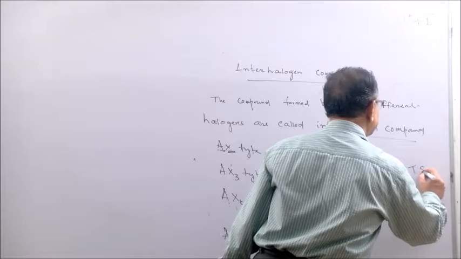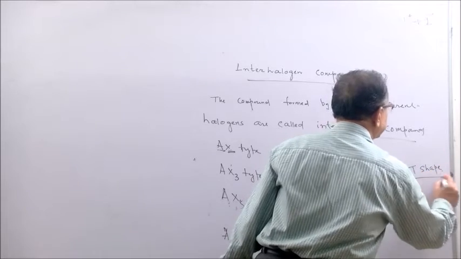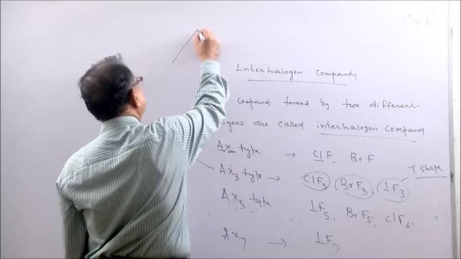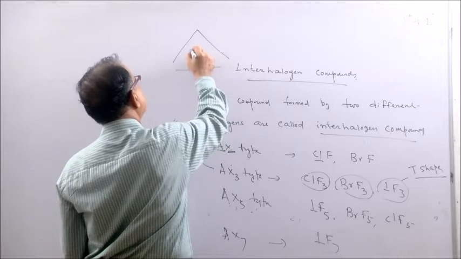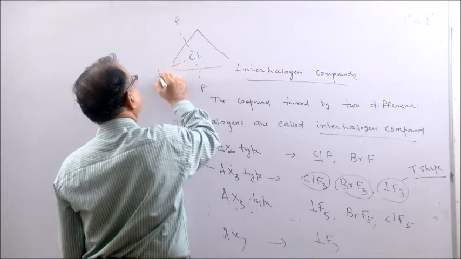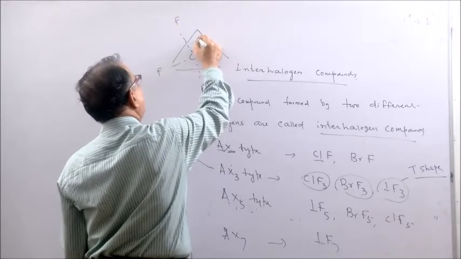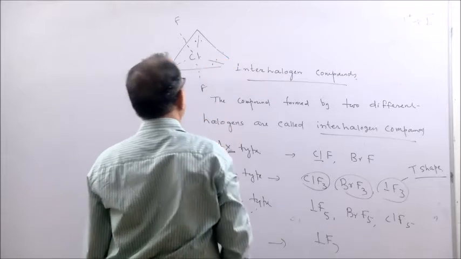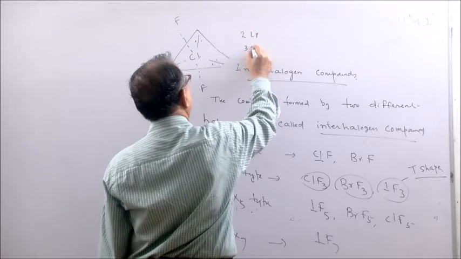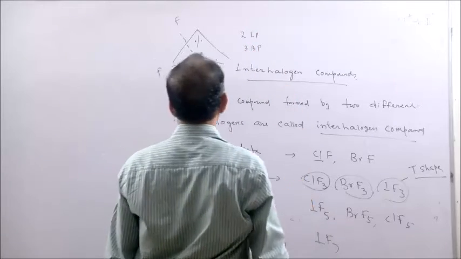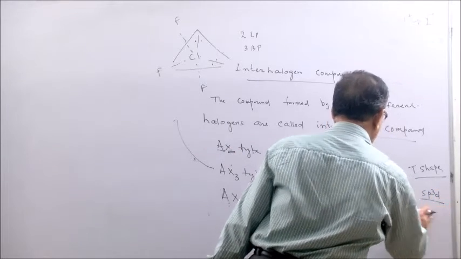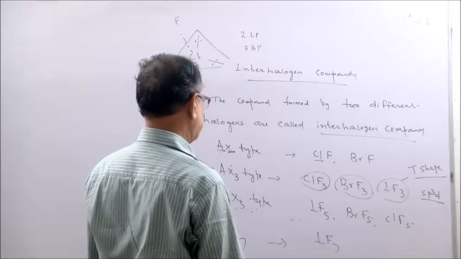The structure of the AX3 type is like this: Cl with F, F, F, like a T. Here there are 2 lone pairs and 3 bond pairs, and the type of hybridization is sp3d.